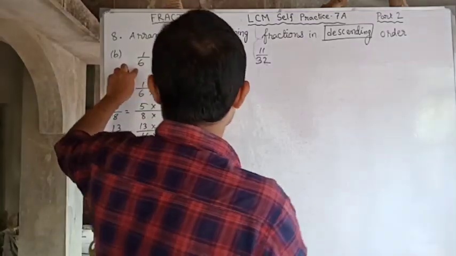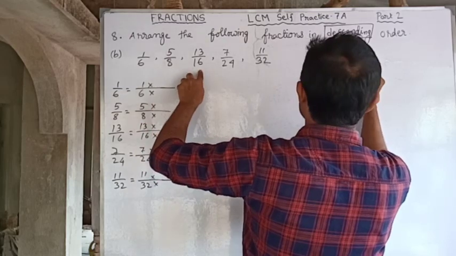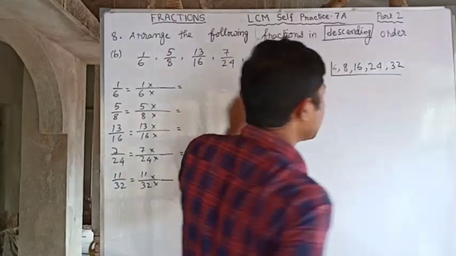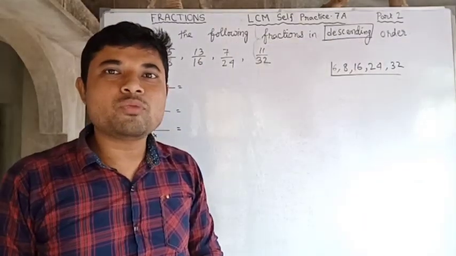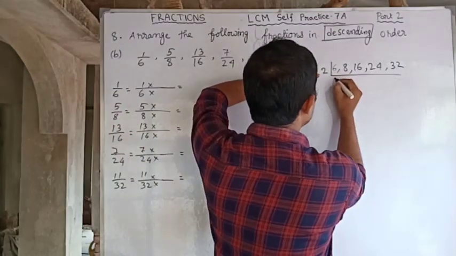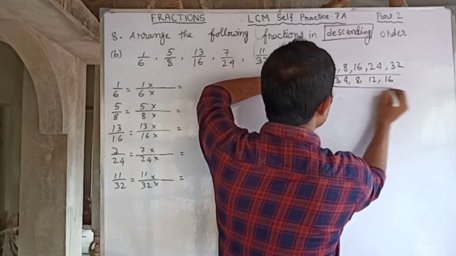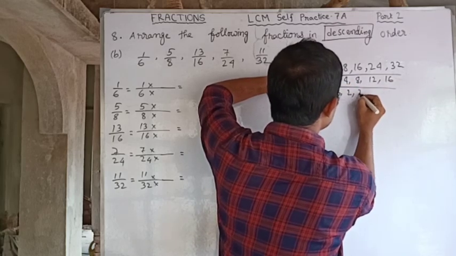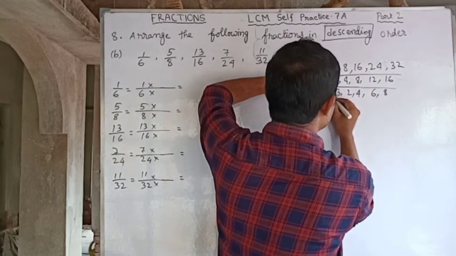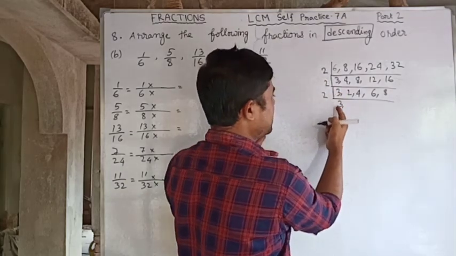Look here, 6, 8, 16, 24, 32, these are the denominators. We will find the LCM of the denominators. First by 2: 3, 4, 8, 12, 16. Next by 2: 3, 2, 2, 4, 6, 8. By 2: 3, you cannot divide 3 by 2, that's why this 3 will be here.